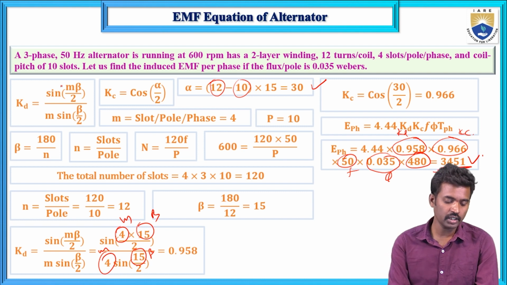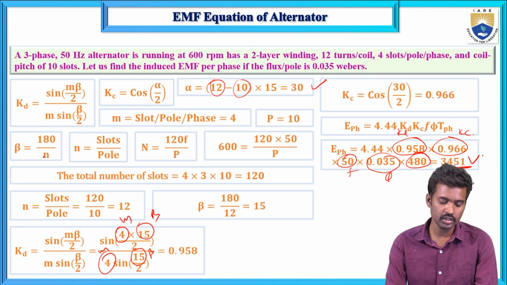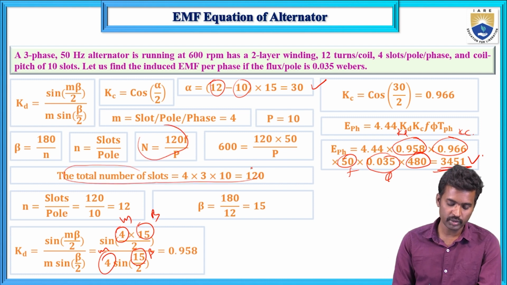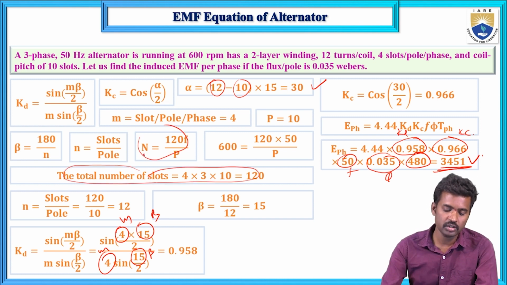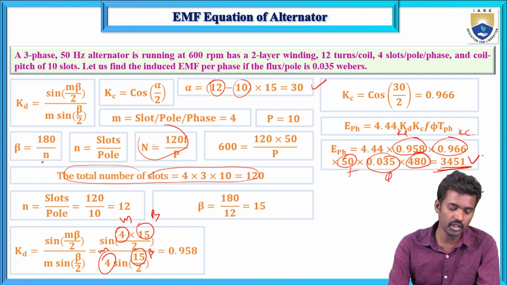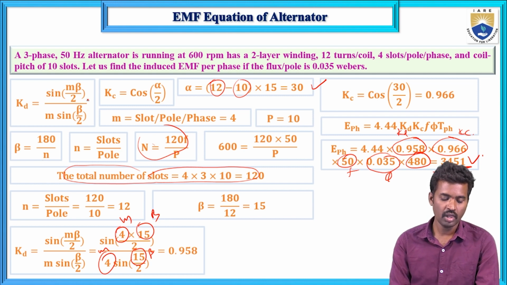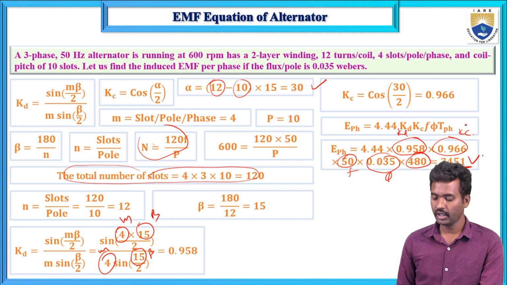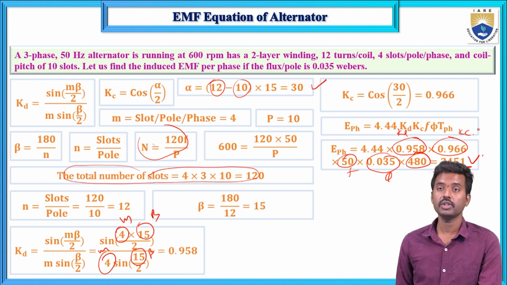Kd can be calculated from the formula with m beta by 2. m is given, but beta equals 180 by n. n is calculated from slots per pole. Poles are calculated from this formula and slots from this formula. After getting this, you substitute to get beta, then you get Kd, and after getting Kd you can substitute here.